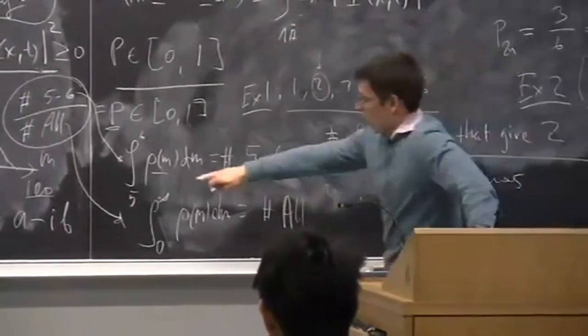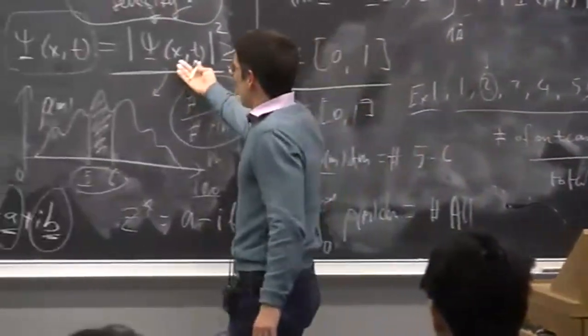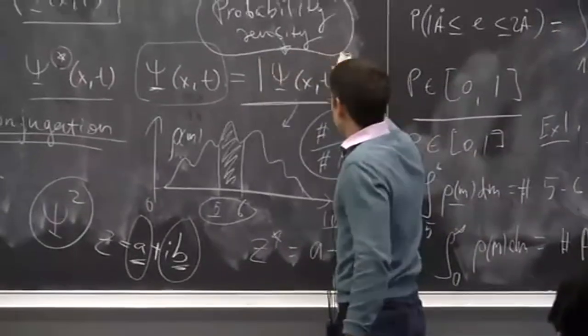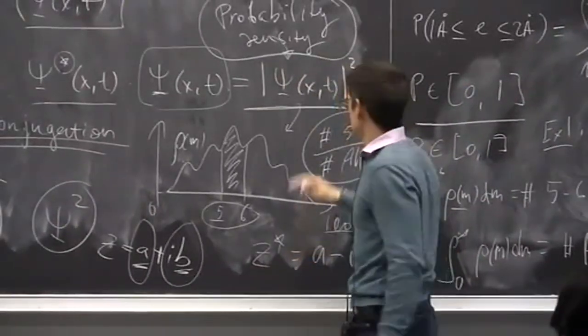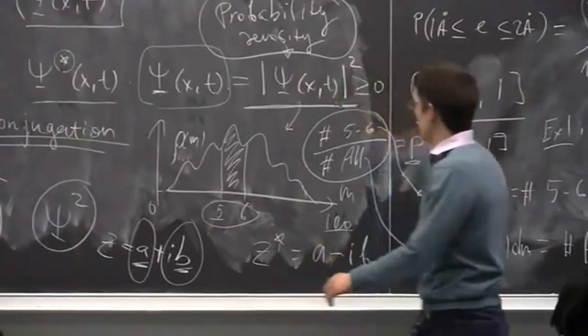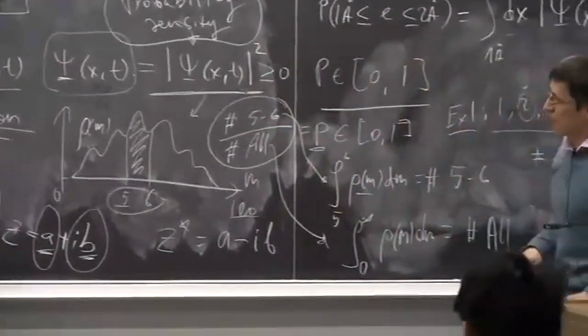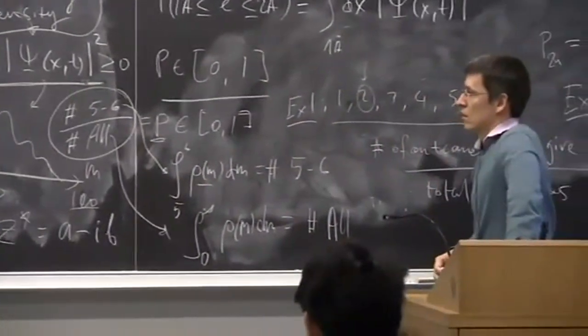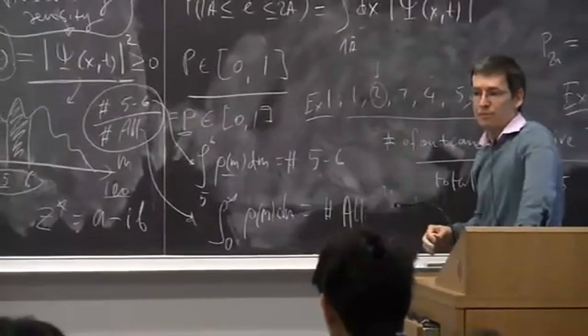Now, this rho function is the closest so far to the absolute value of psi of x, t, squared. This is the probability density to find a particle at a particular time.